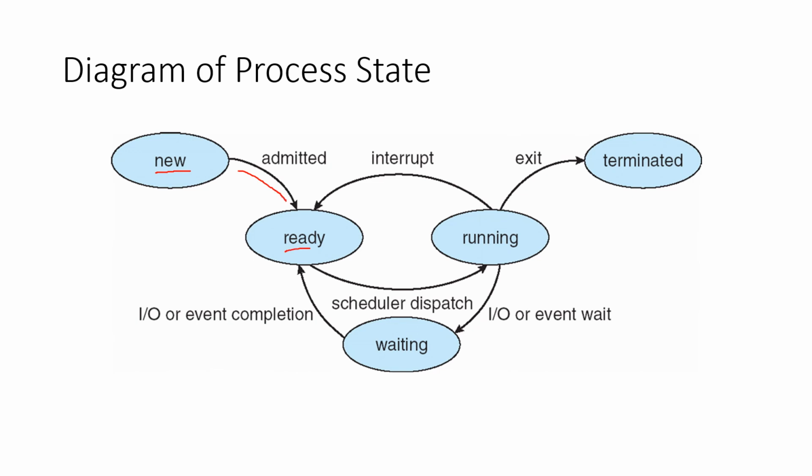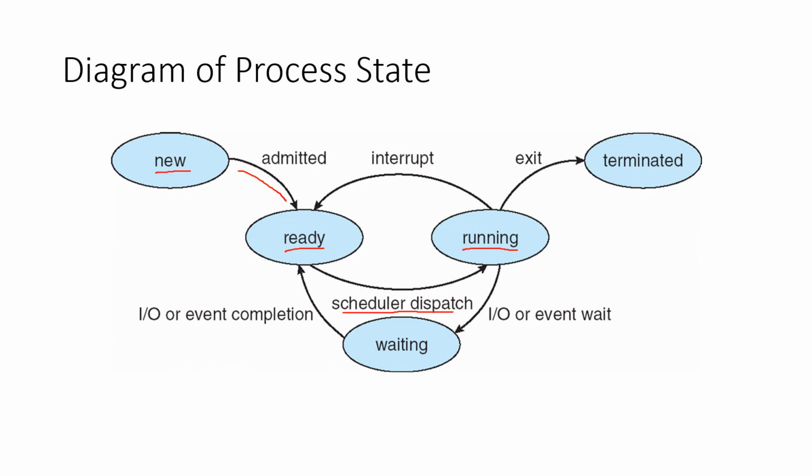In the ready state, the process is waiting for the CPU's time. The CPU is allocated through the scheduler dispatch. The scheduler dispatcher picks one process from the ready queue and provides it to the CPU for execution, and that is when the process goes into running state.